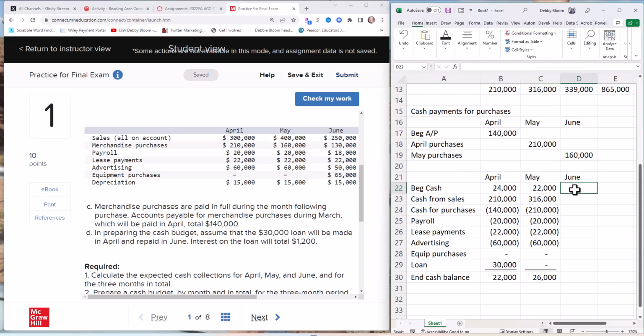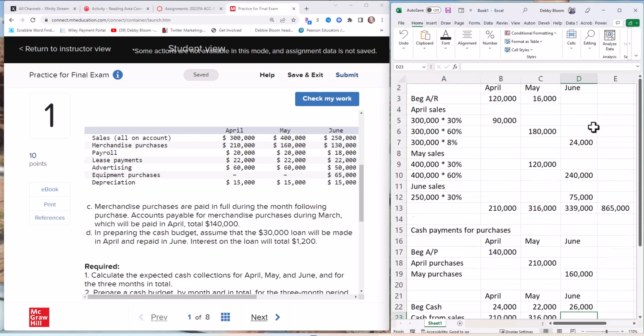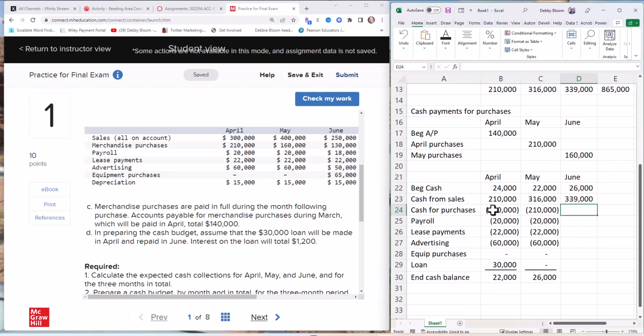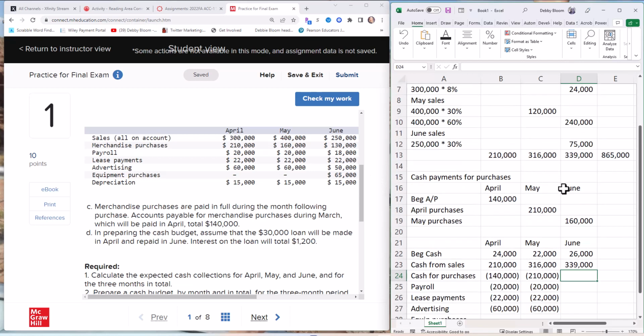So in June, we'll start off with a beginning cash balance of $26,000. Our budgeted cash receipts in June, $339,000. We have our cash paid for purchases in June. For May purchases, $160,000.